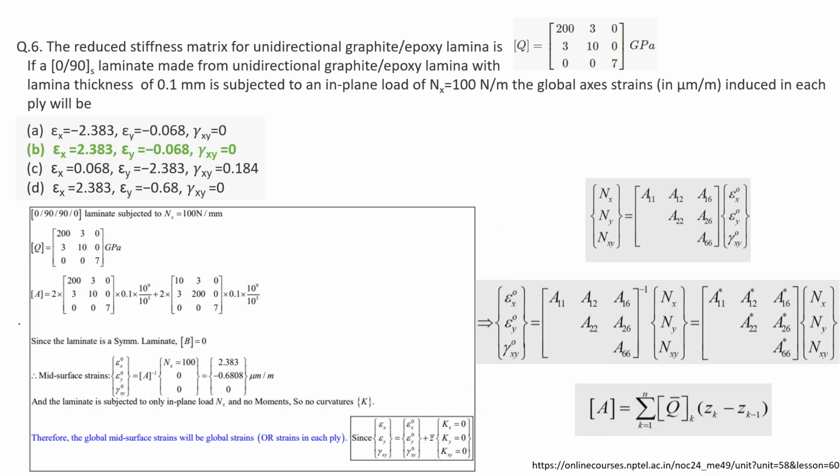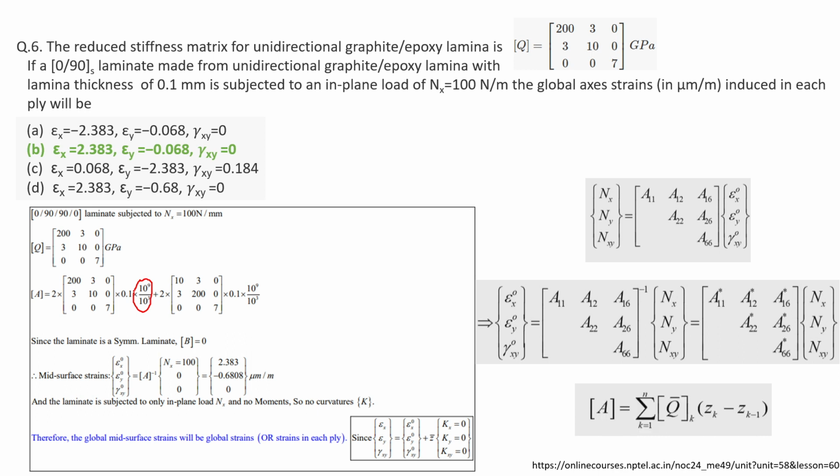Okay, so we are getting the A matrix. How? Two times, for the two 0 degree laminas. So 2 multiplied by the reduced stiffness matrix of 0 degree, multiplied by the thickness of those laminas. We have to take care of the units because the reduced stiffness matrix is in gigapascal and the thickness is in millimeter.